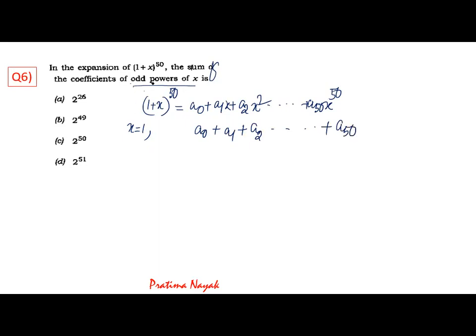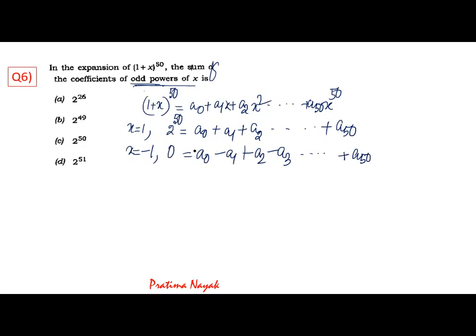I need only odd powers. So then I'll put x equal to minus 1. When I put x equal to 1, I get 2 to the power 50. When x is minus 1, I get (1 minus 1), which is 0. This will be a0 minus a1 + a2 minus a3, up to minus a49 + a50.